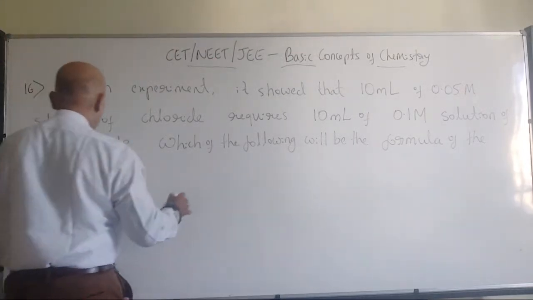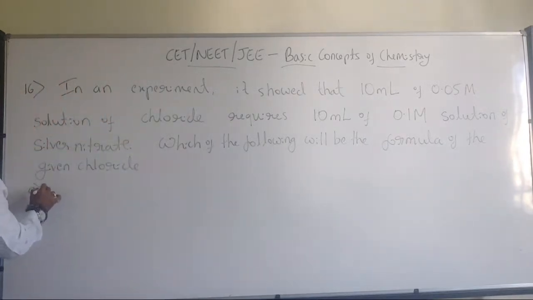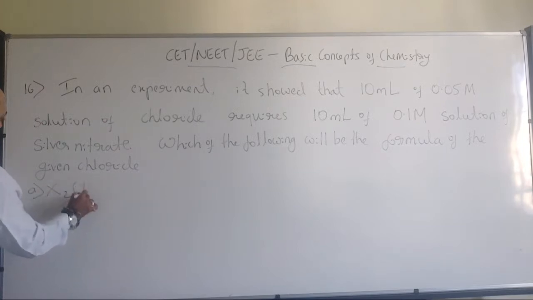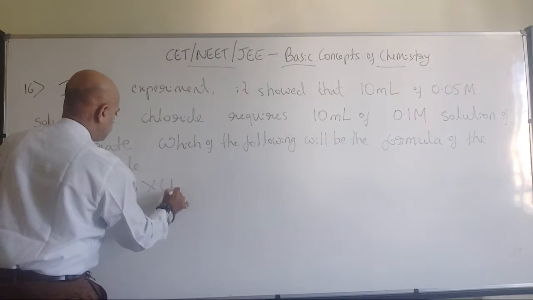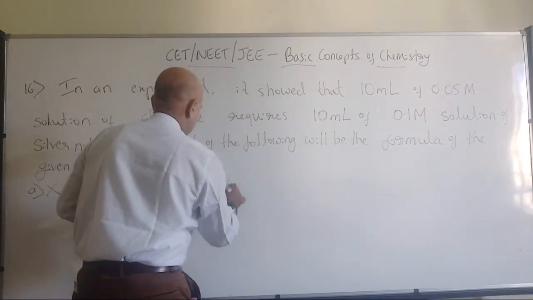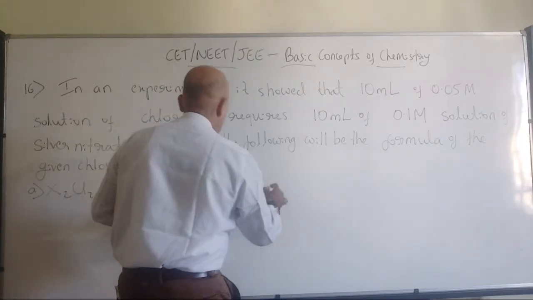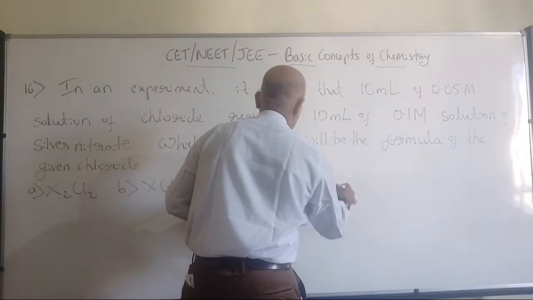And they have given a condition, because in the options we have X2Cl2, option B XCl2, option C XCl4, and option D X2Cl.